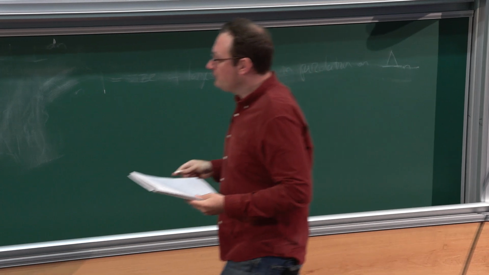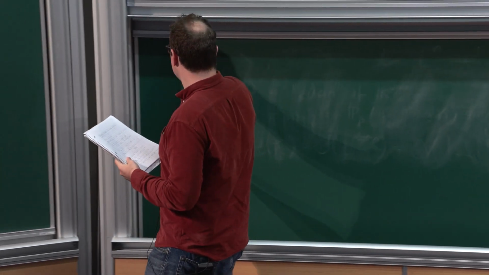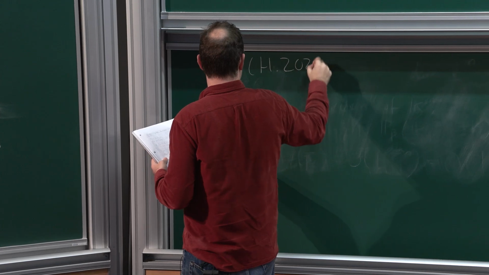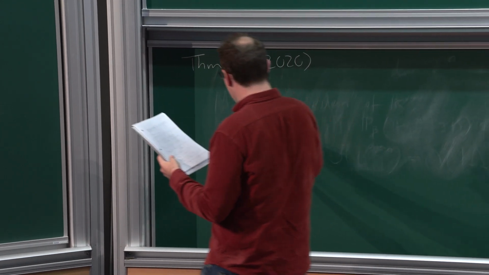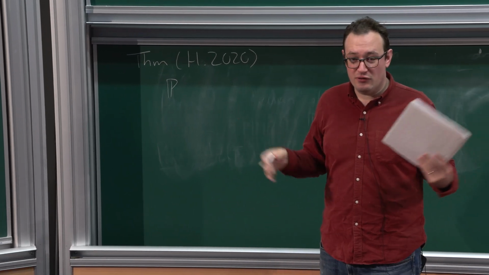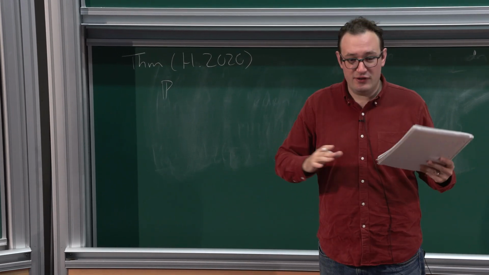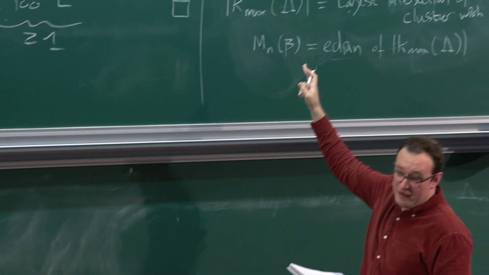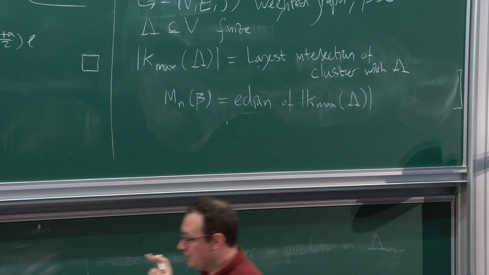Okay, so the theorem is that essentially whatever graph you're working on and whatever subset you look at, this random variable is very well behaved in the following sense.